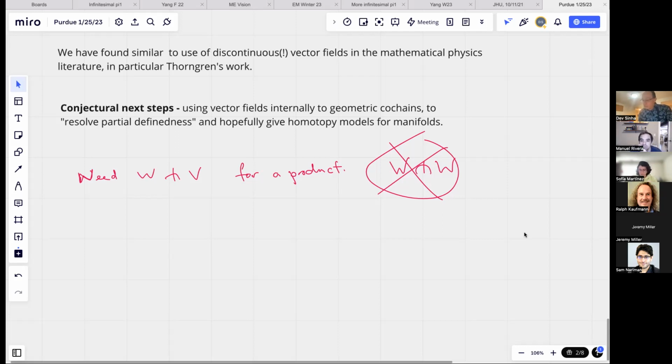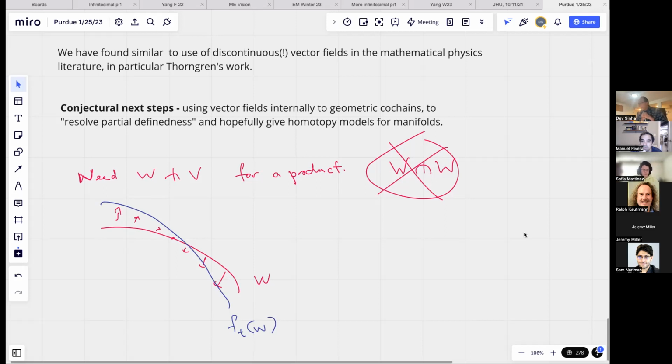So if I take W and I have some sort of vector field, and it can vanish somewhere, including on W, and then I can just take the flow of W, then in some cases, W times F_t W is going to be transverse, and that's going to be the product, right?